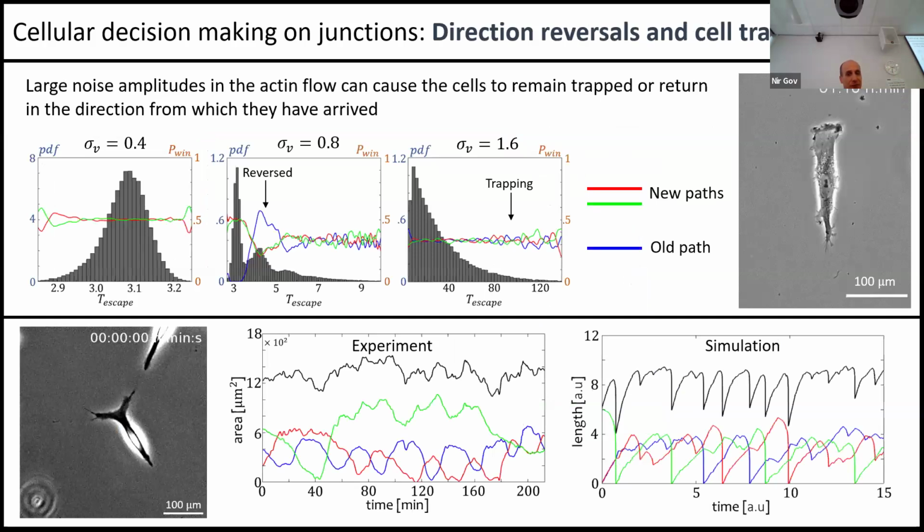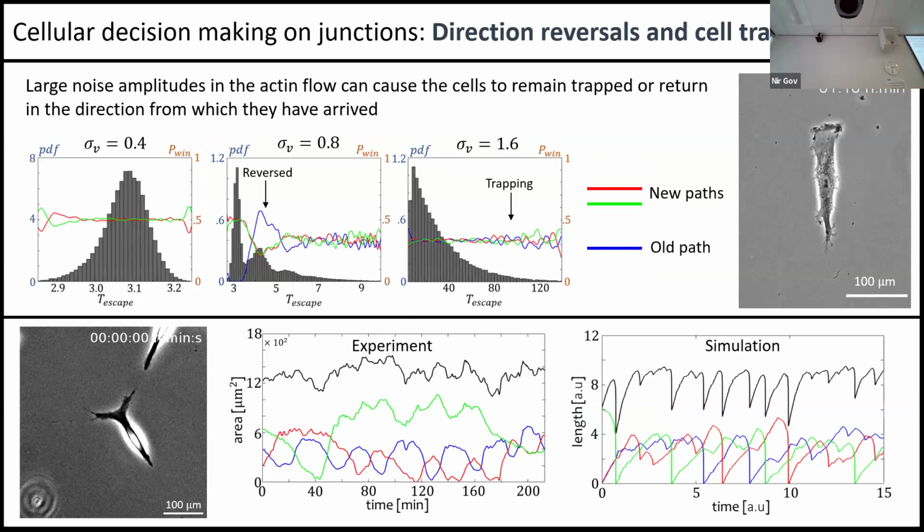If you look at the model, you have another control parameter which we haven't spoken about yet. I've not told you anything about it, and that's the noise. So everywhere I told you that at each of these tips of these arms, there is a local polymerization, which we calculate from the local concentration, and the concentration is affected by the flow.